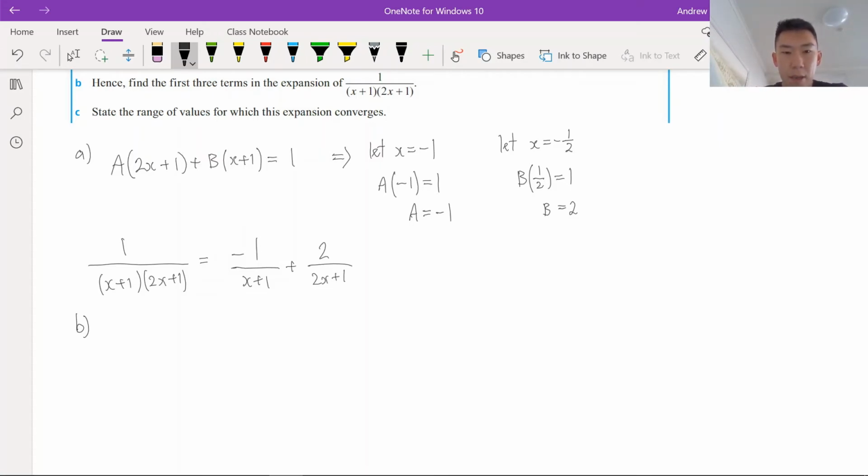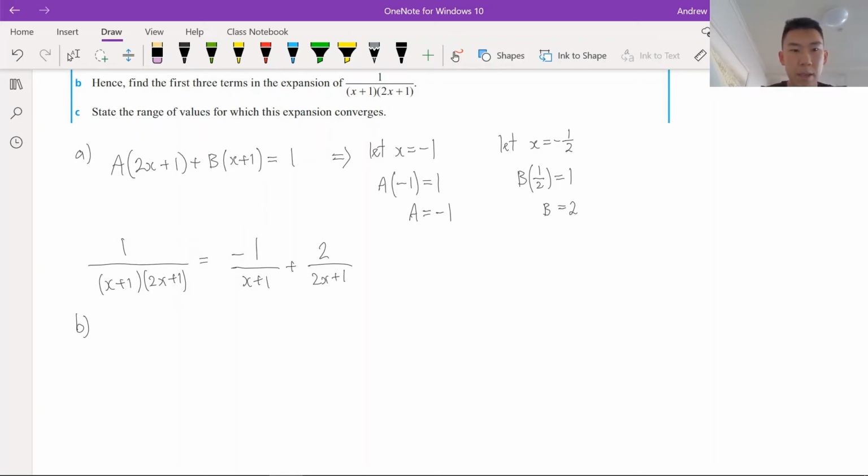The reason that we got partial fractions first was so that we can have an expression for each term and then add them together, rather than trying to expand this, because that would be a quadratic, and we haven't looked at how to do that.